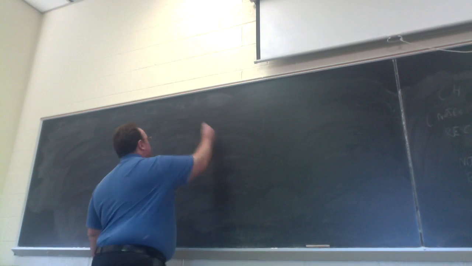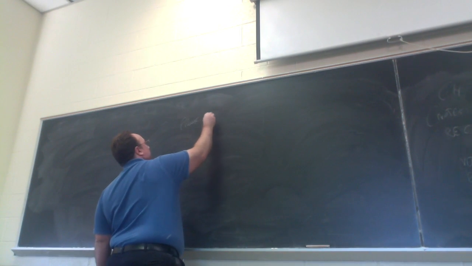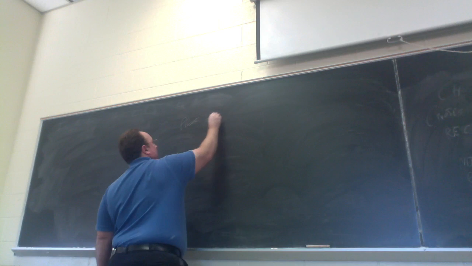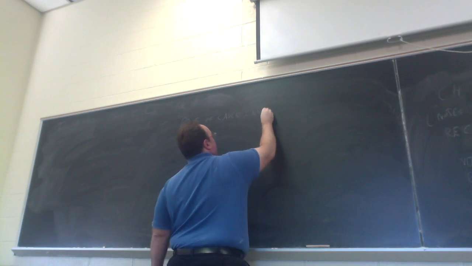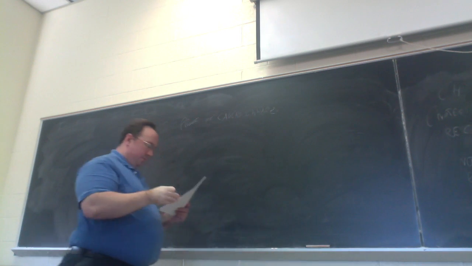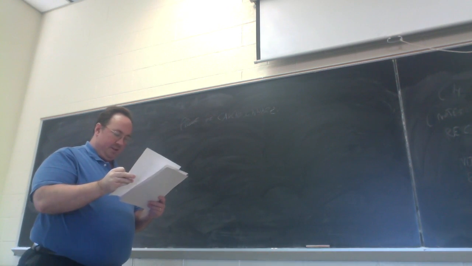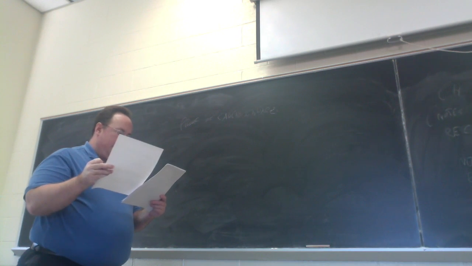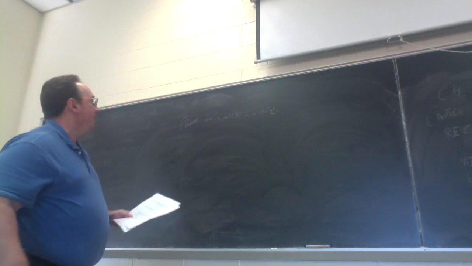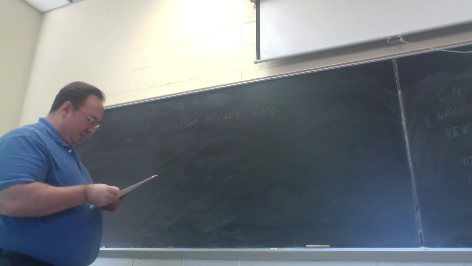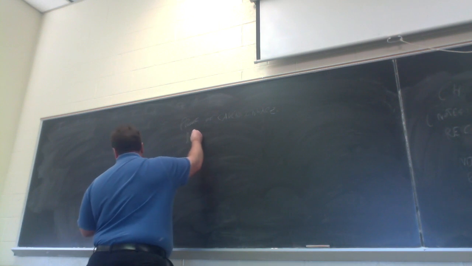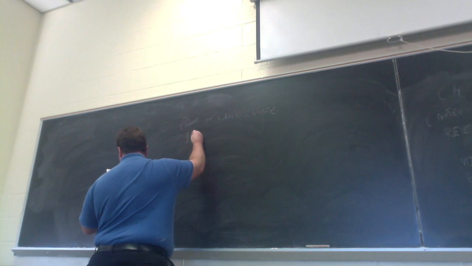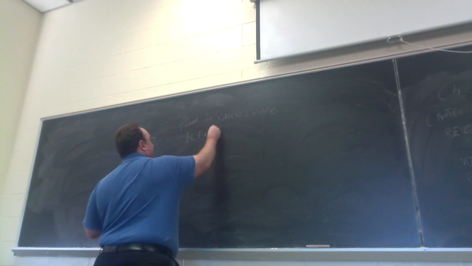So, proof of Cauchy-Schwarz. It's proved in different ways. Let's see, which one do I have? That. Okay. So what I do is I work with the norm of cf plus g, where c is a constant.